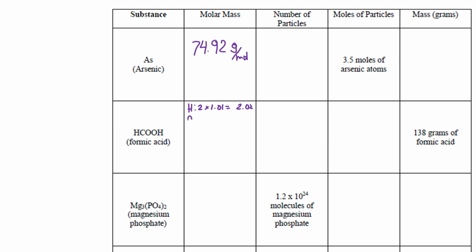I have 1 carbon at 12.01. And then I have 2 oxygens, and then I would just add those together. And that's going to give me my molar mass there. So we should be able to calculate molar mass based off of a formula.